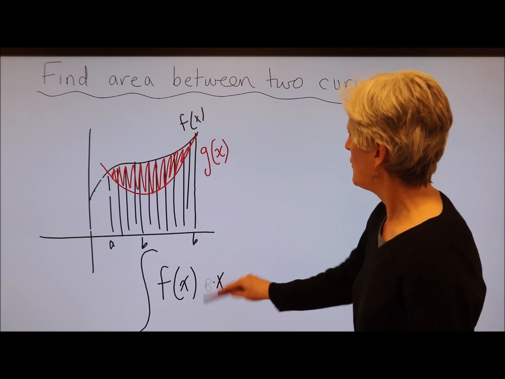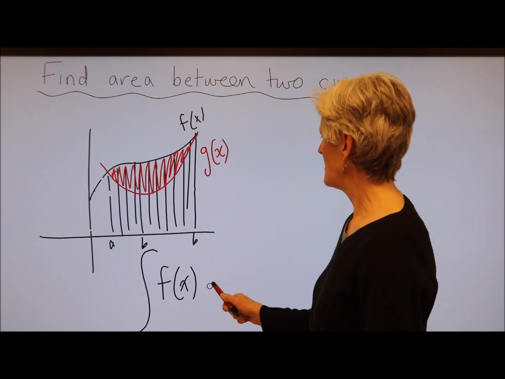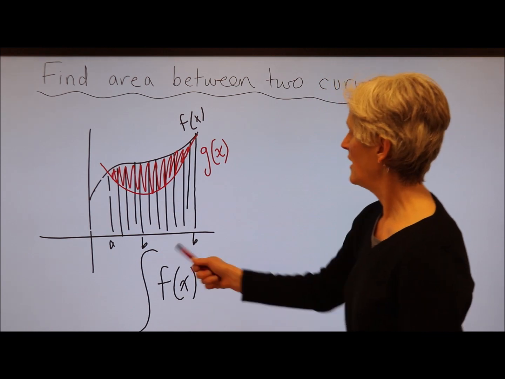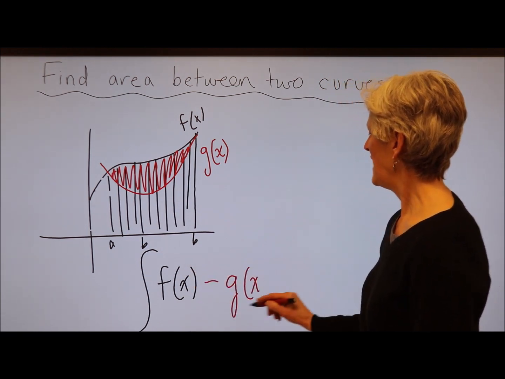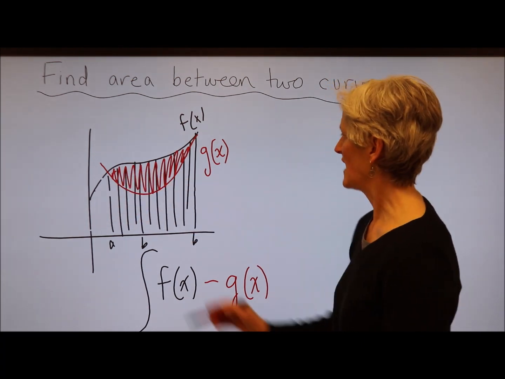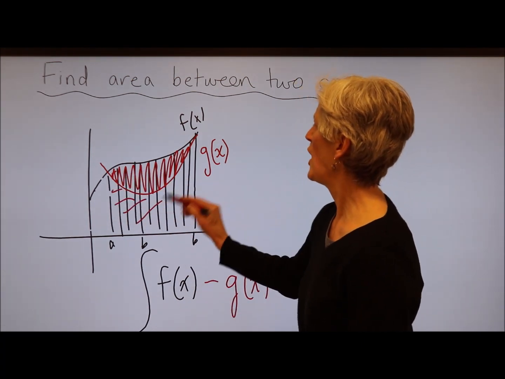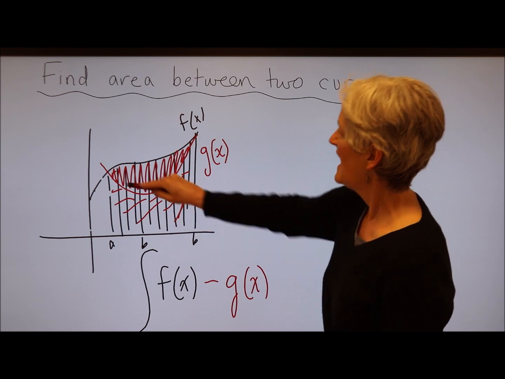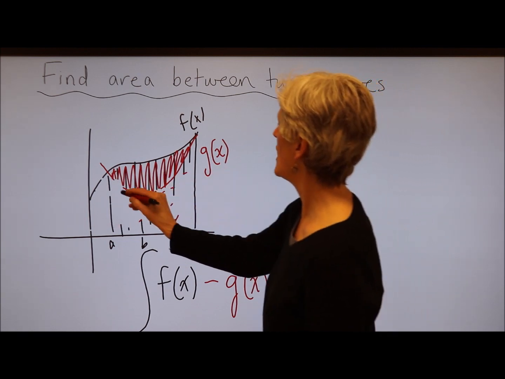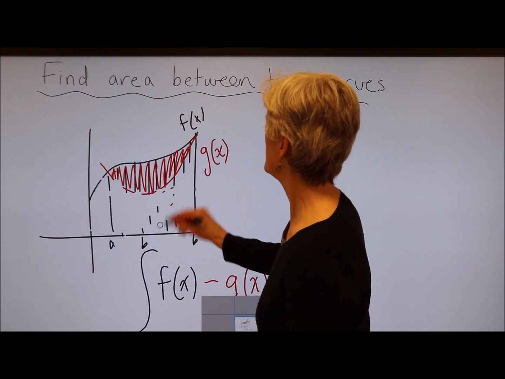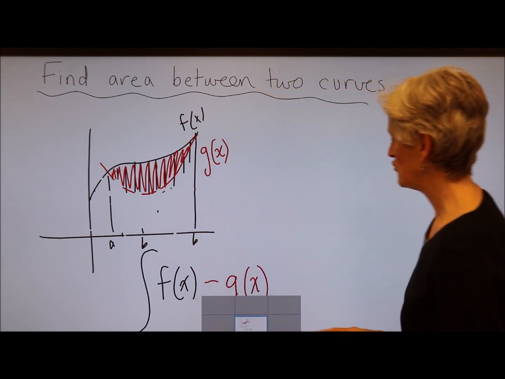I think the way we could do that pretty easily is just to say that's going to be the area under the curve f of x and subtract away the area under the curve g of x. In other words, you're subtracting away all of this area, and that leaves you with the area that you want, which is the area enclosed between f of x and g of x.